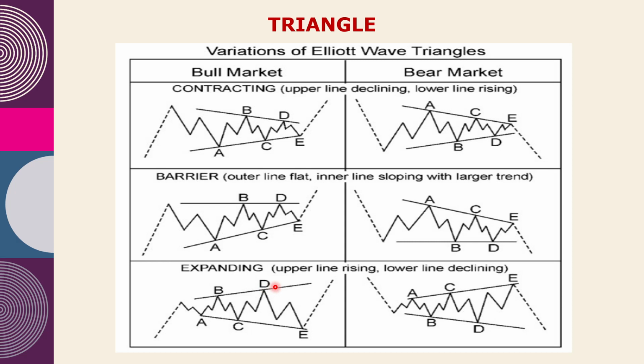After completion of wave A, each new subwave moves beyond the starting point of the previous subwave. A triangle always precedes the final motive wave in the direction of the main trend at the next higher degree. That final motive wave normally makes a swift and sharp move, which is called a post-triangle thrust.